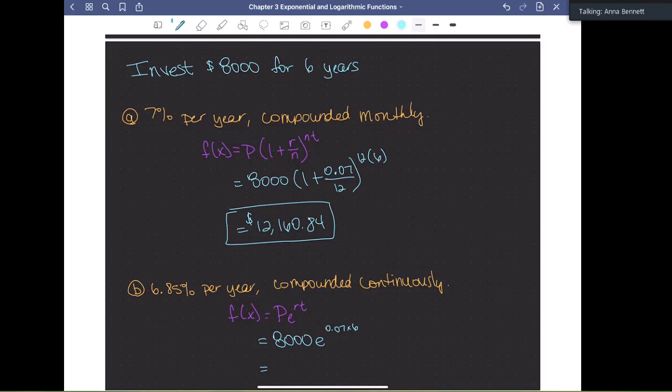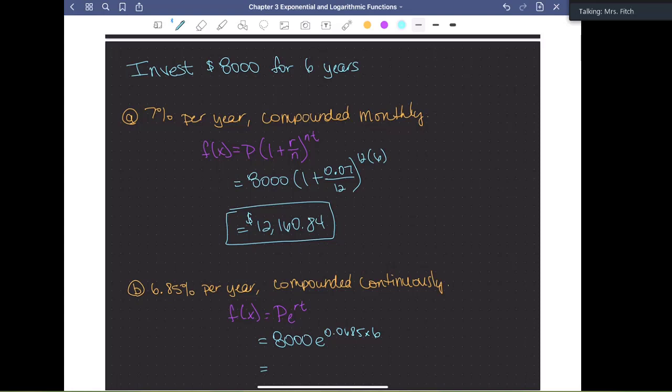Wouldn't the rate be the 6.85? Oh, thank you. Yep, problem. This is why I keep you guys around. So we get 0.0685, thank you, times time, and our time is still good. I'll put a little x there, times 6, right?